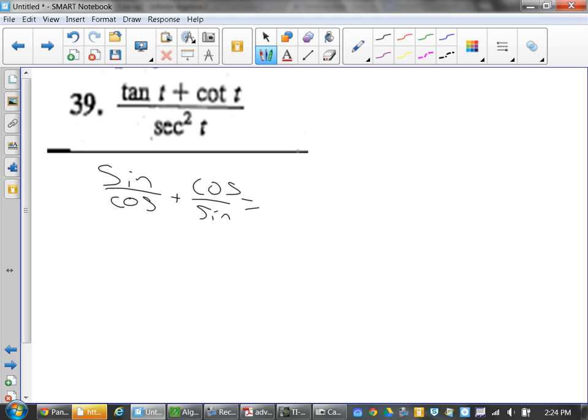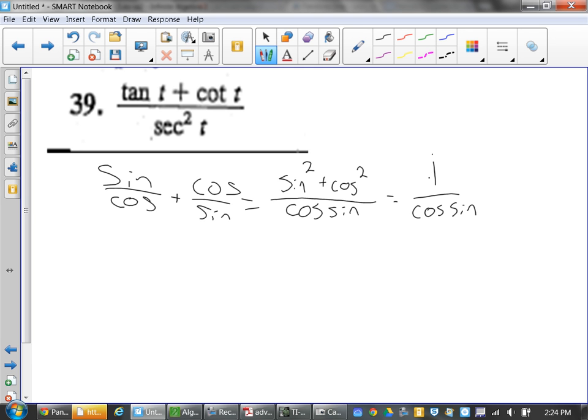So my common denominator is cosine sine. The numerator becomes sine squared plus cosine squared, which is what? 1. So I have my new numerator as 1 over cosine sine.